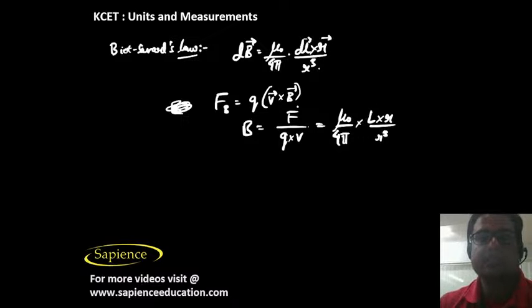R is the length only, so I can write it as r squared. So dl is also L squared, so L will cancel.